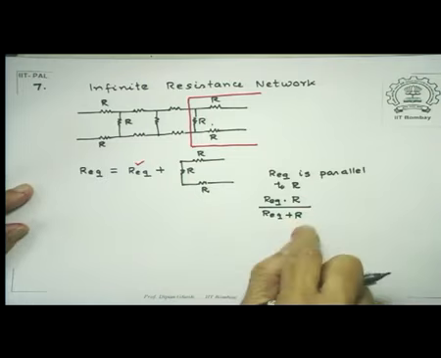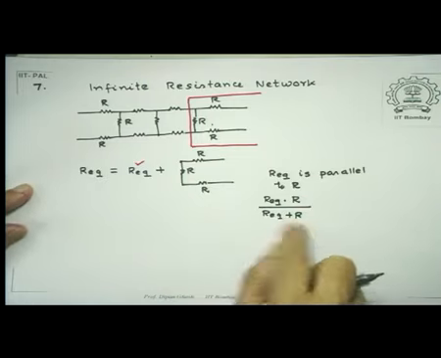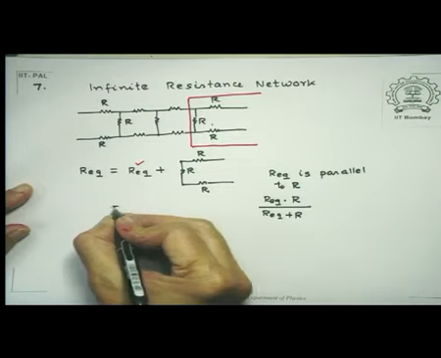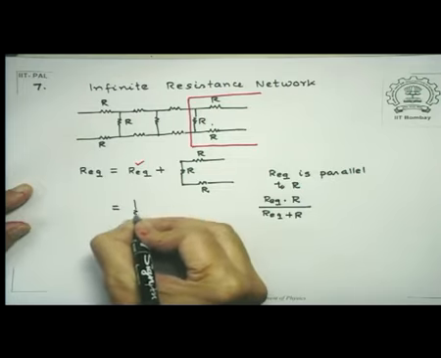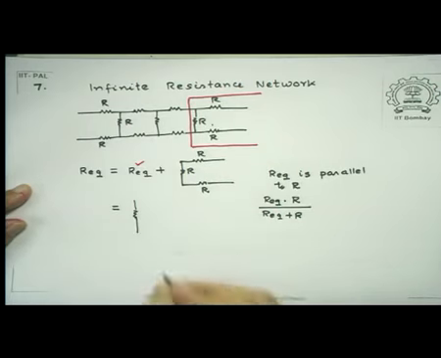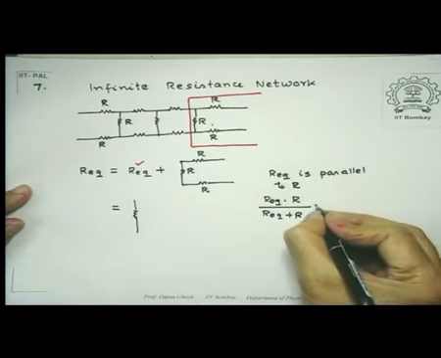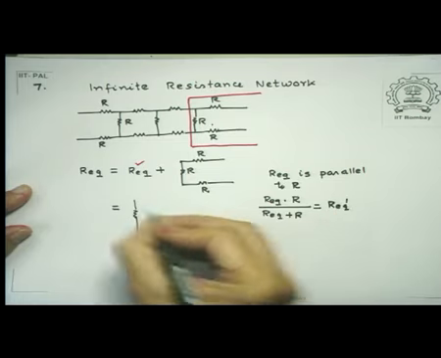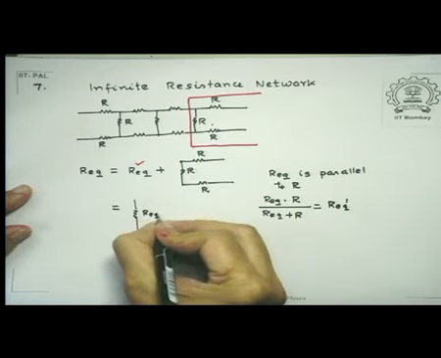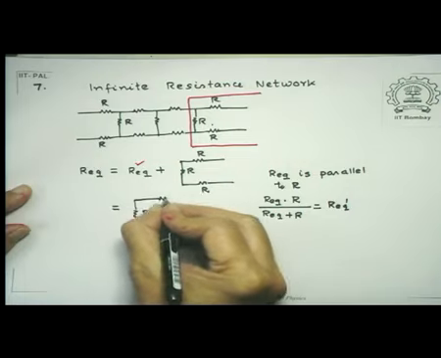So this amount, I will draw this again. So we are saying now that I have a resistance here which is this quantity, that is, let's call this Req prime. And of course these two R's.